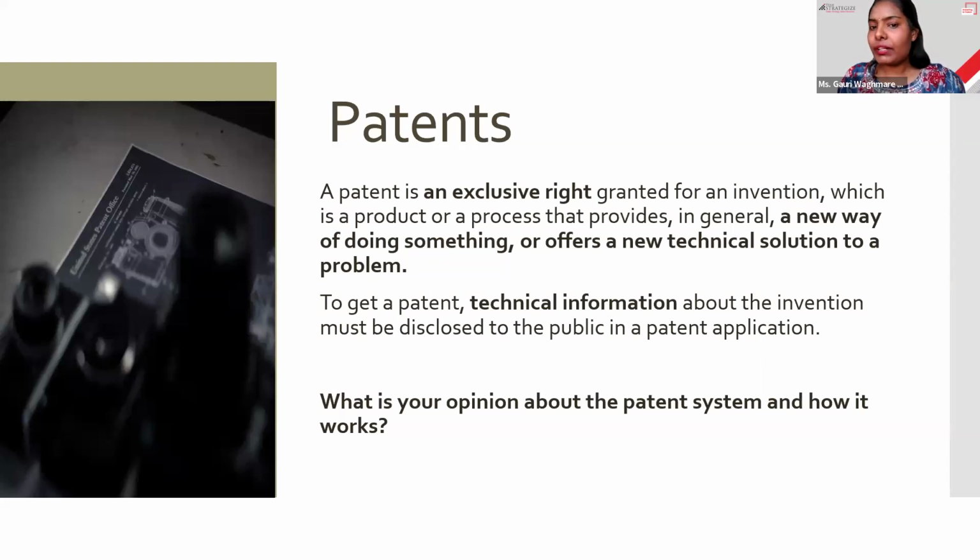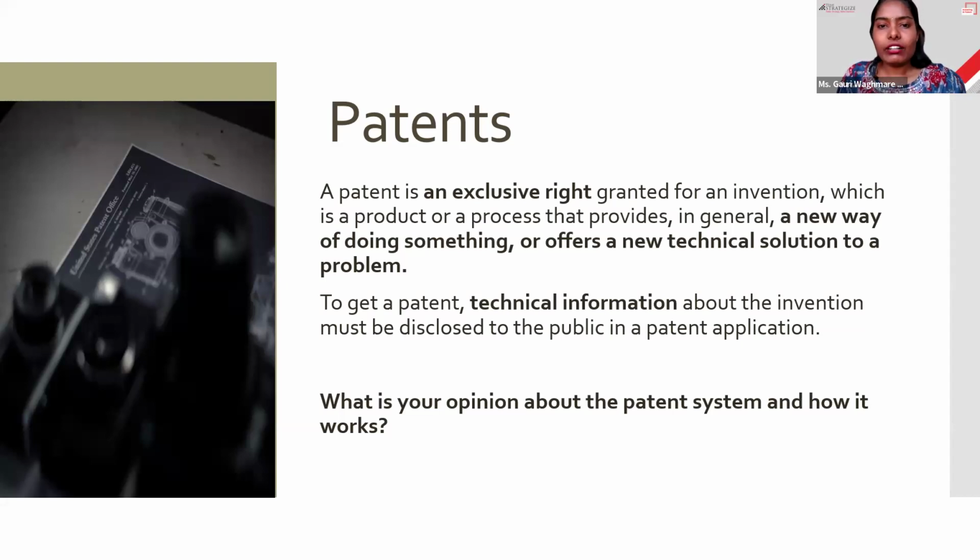So when you file a patent application, you need to disclose the technical information inside a patent. With that, non-technical information also comes. And after the grant of the patent, you will get the exclusive right over that technology for manufacturing. So you will manufacture that product and sell it into the market for a period of 20 years from the priority date, right? That is nothing but the patent.